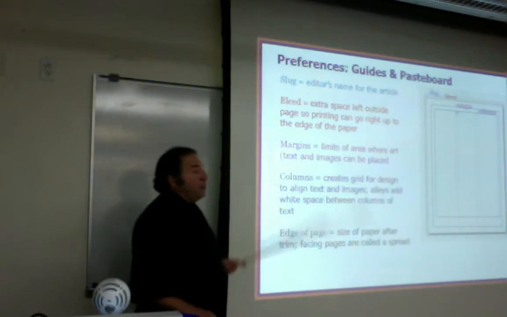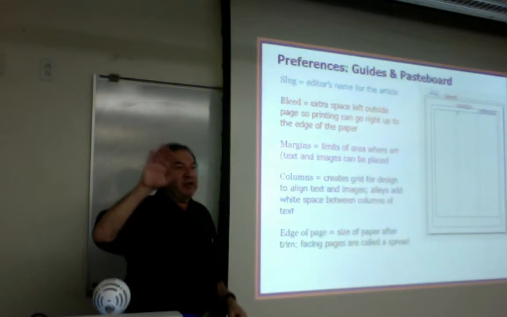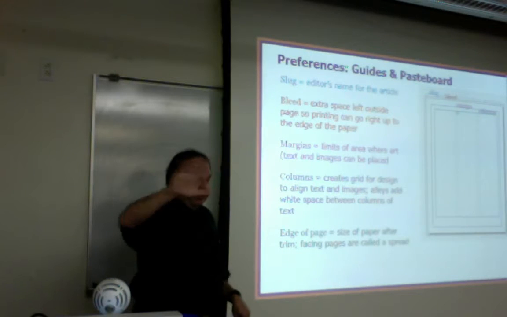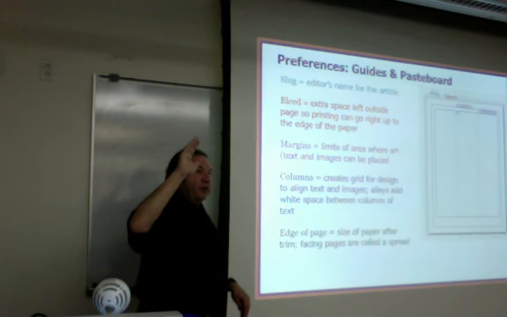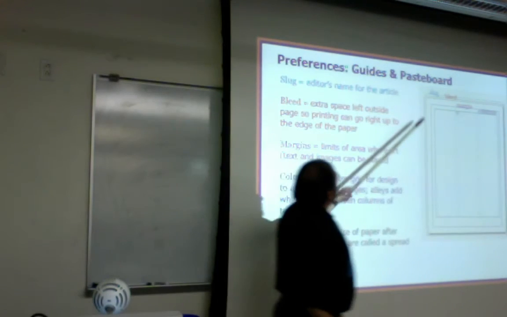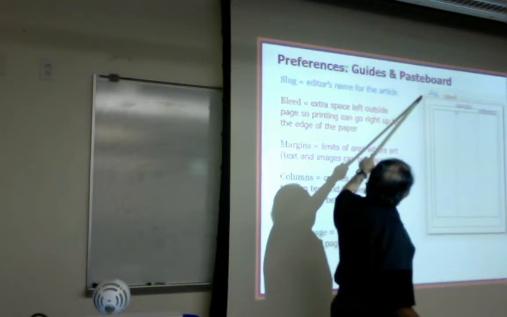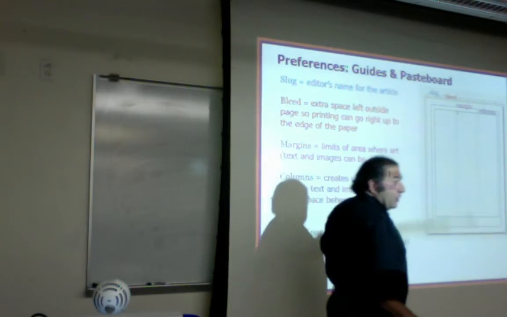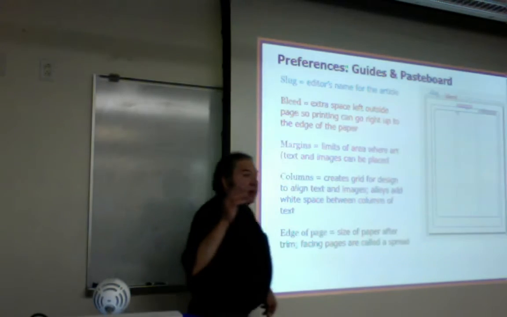The bleed, we talked about this, is when you have an image that you want to go off the edge of the paper. You want the ink to run right up to the edge of the paper. The way you do that is that you trim the paper down. And the bleed line tells the printer that the ink needs to go up to there, but you're actually going to trim it to the black line. And you need to have bleed.